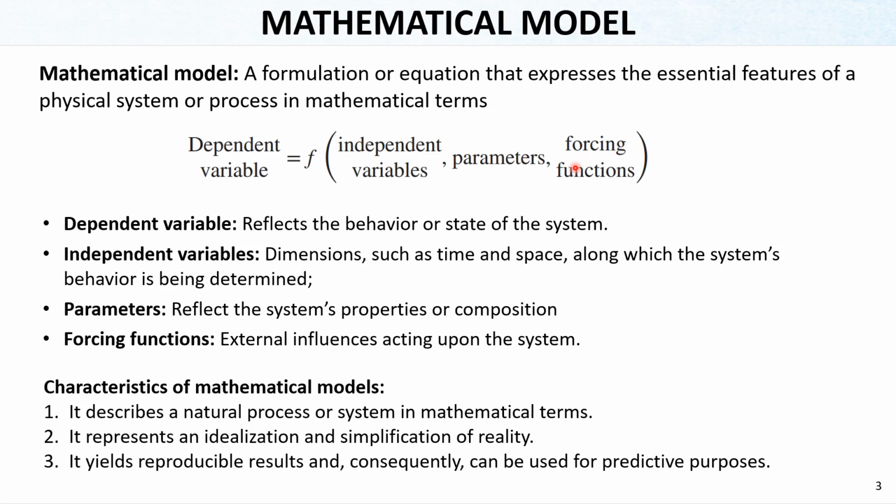For instance, we can ignore the friction force while defining some physical processes, and we can assume that the environment is frictionless. Third, it yields reproducible results, and consequently can be used for predictive purposes, which means that we can use a mathematical model repeatedly to receive the same result, or by changing the parameters, independent variables or forcing functions, we can obtain different results by using the same mathematical model.